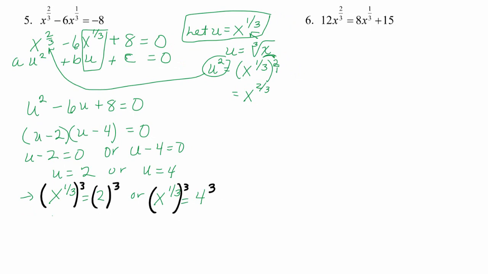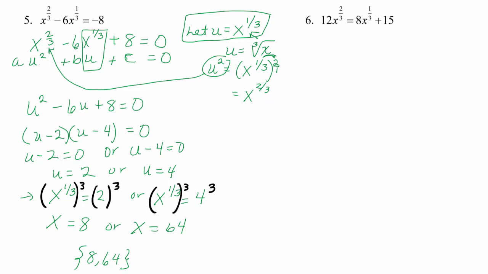And so here we get x. The cube root of x cubed is just x. And then here we get 8. And then here we get x. And then here we get 64. So my two answers are 8 and 64.